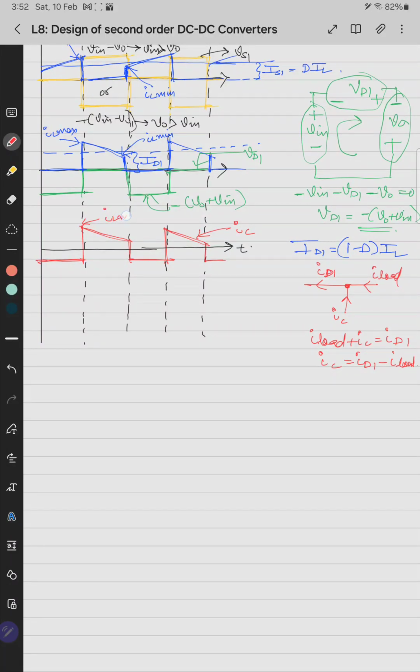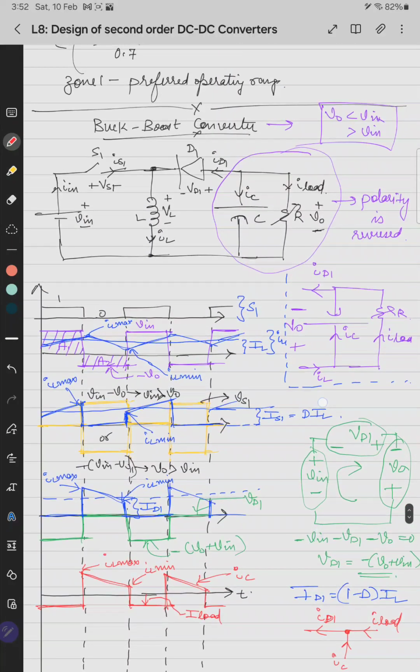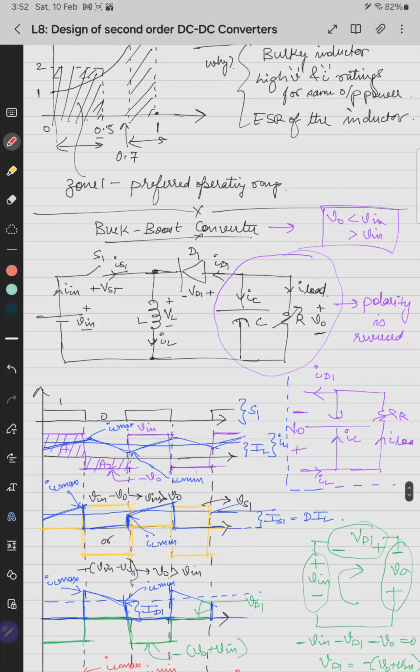This will be IL max, IL min, and again it is shifted by its value, which is I load, which means that the average value of the, so ID1 has average plus ripple, but not the complete ripple. ID1 is 1 minus capital D times IL.